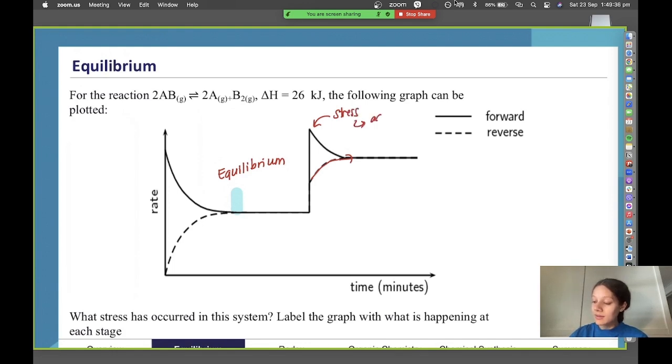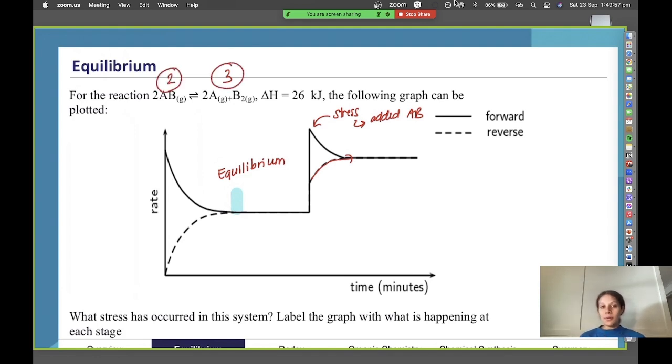We've added AB. So we've actually increased the concentration. It's going to increase the rate of the forward reaction. We can also say that we've had a change in pressure. That's looking at the fact that we have 3 moles of product and 2 moles of reactant.